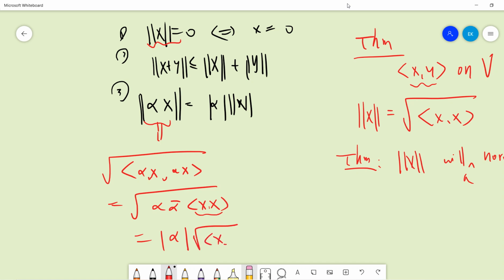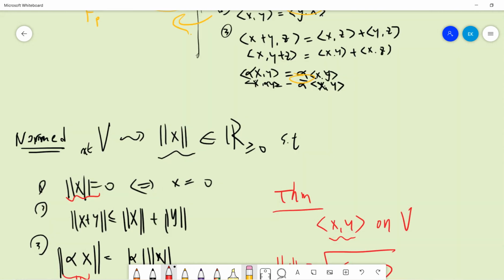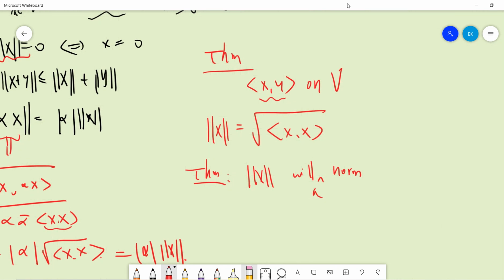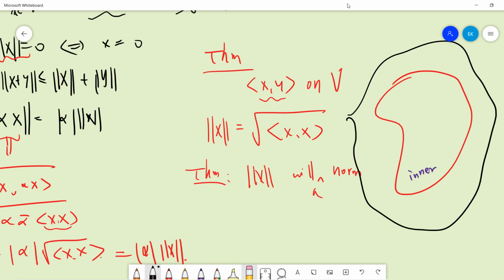So we proved that if we have an inner product space, then it must also be a norm space, because any inner product space will automatically induce a norm space.